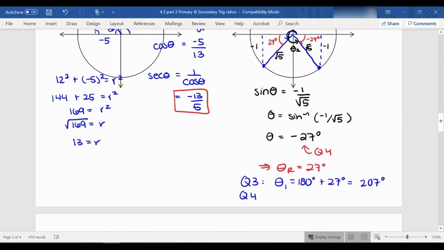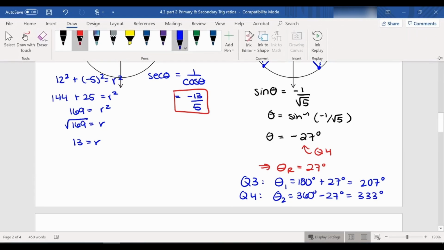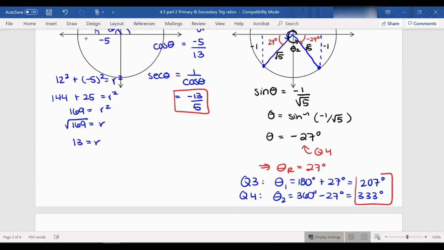Our quadrant 4 angle, we can either write as -27 degrees, or we can do 360 minus our reference angle, which would give us 333 degrees. So we should have two answers there because they did not give us enough information to narrow down to a single quadrant.